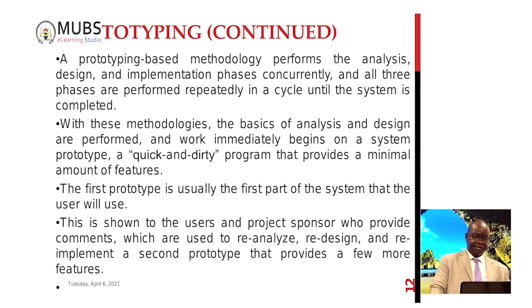So with these methodologies, the basics of analysis and design are performed, and work immediately begins on our system prototype. The first prototype is usually the first part of the system that the user will use. This is shown to the users and project sponsor, who provide comments which are used to reanalyze, redesign, and re-implement a second prototype that provides a few more features.